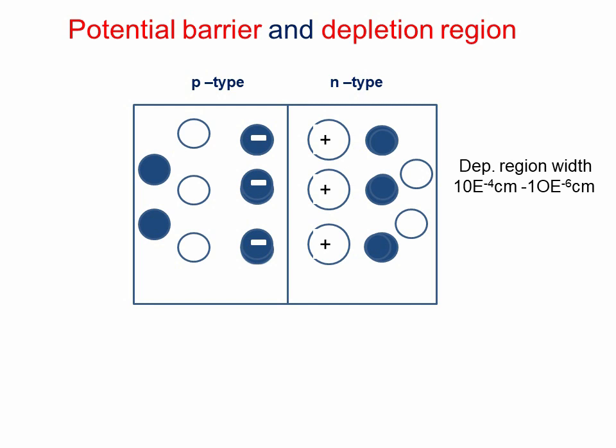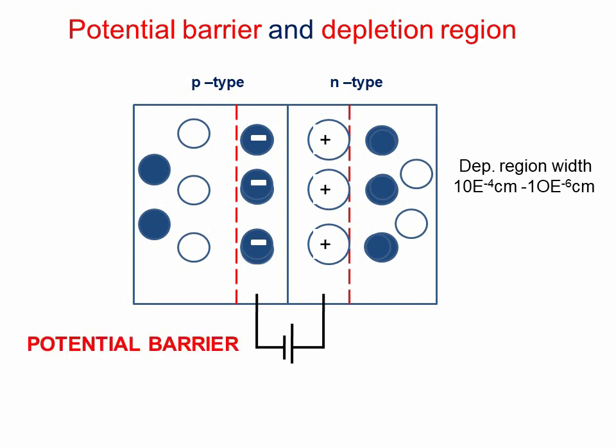Due to the formation of ions, a static electric field is developed. In p-type, a negative electric field is developed, and in n-type, a positive electric field is developed. Thus, a static electric field is developed, which is called the barrier potential.